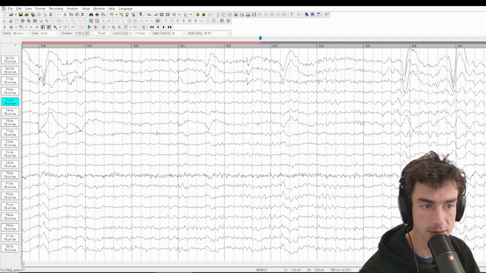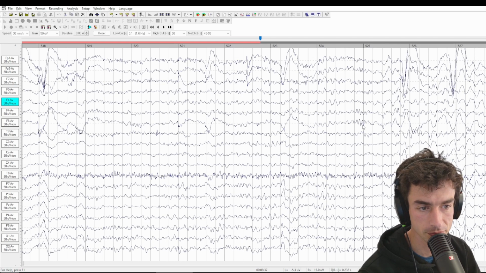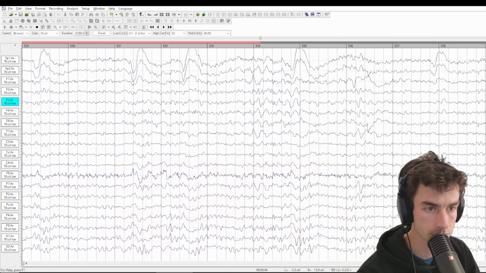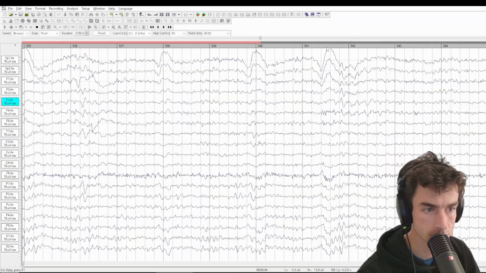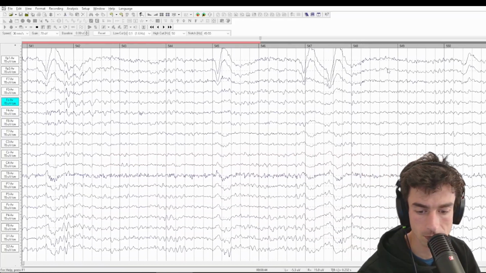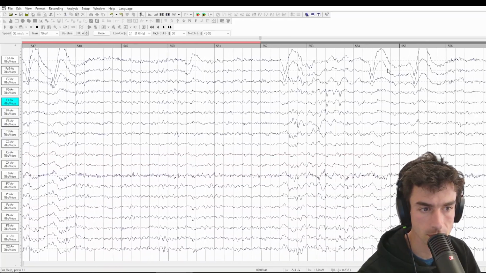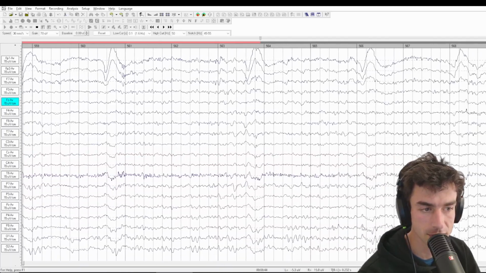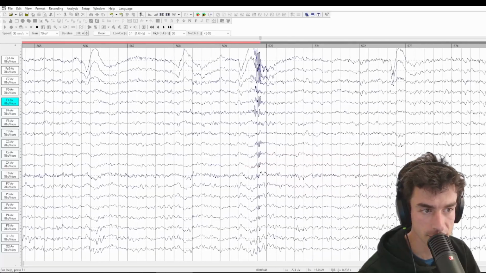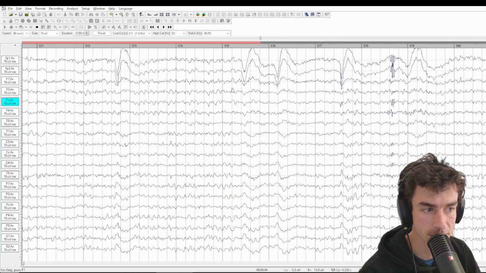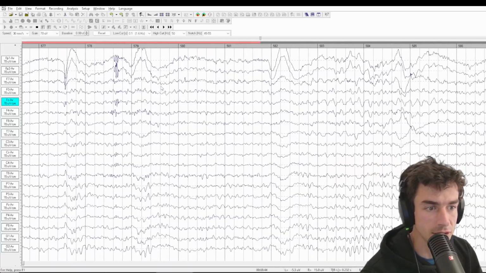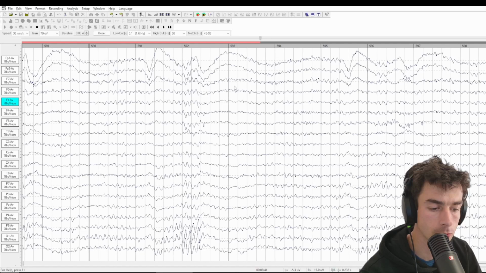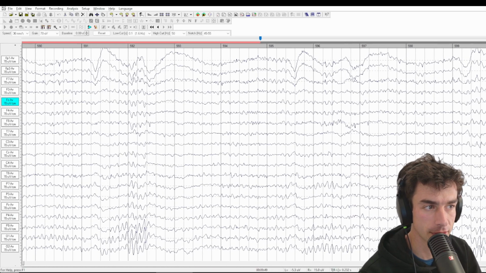And again, we're starting to see some little beta spindles here. Lateral eye movements, eye blinks, posterior alpha, muscle tension, frontal theta. And we're at the end of the file.